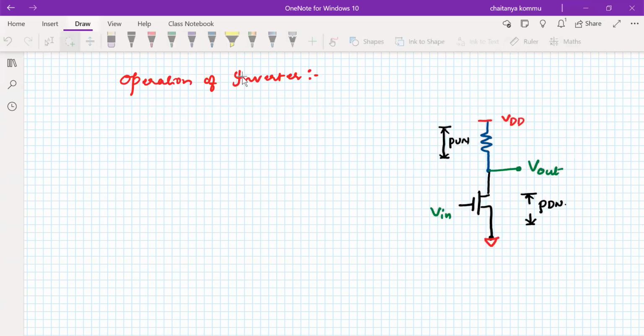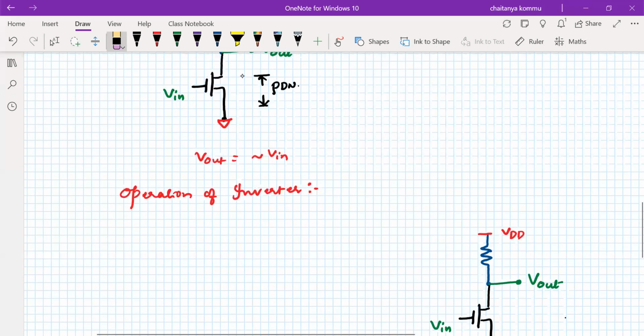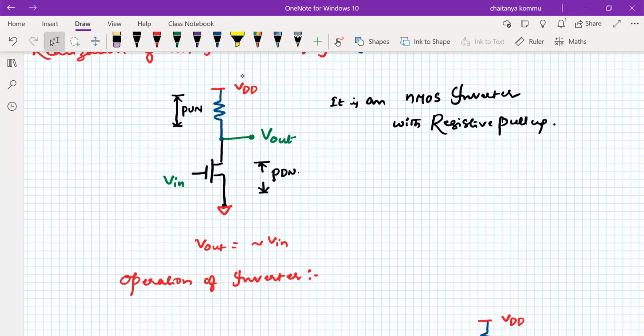I don't need this pull-up and pull-down representation. Now see here. Before going to the operation of this device, let us understand some basic points related to this device.